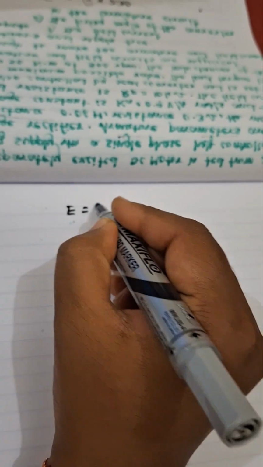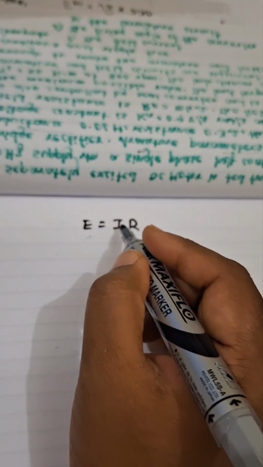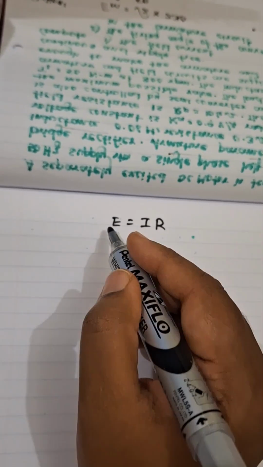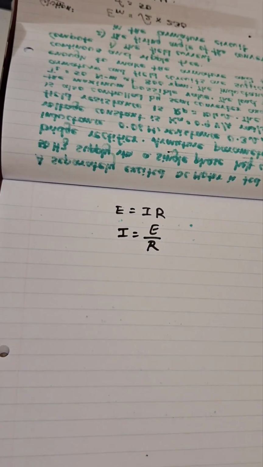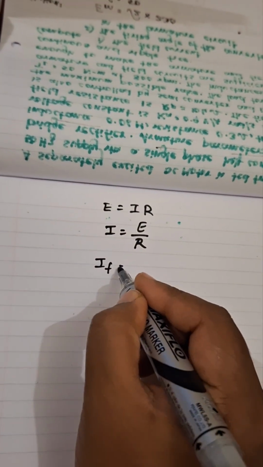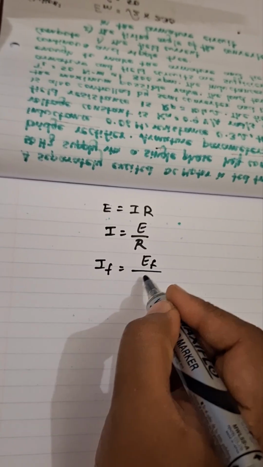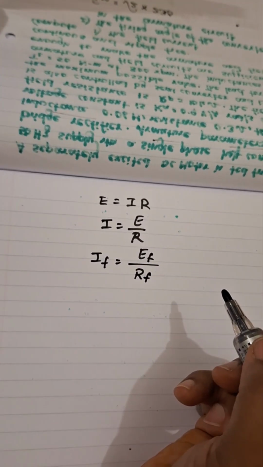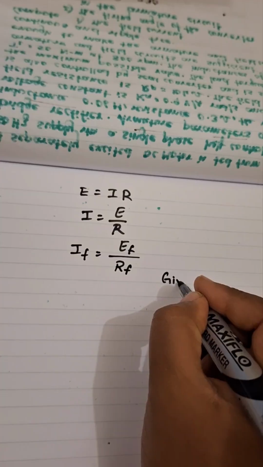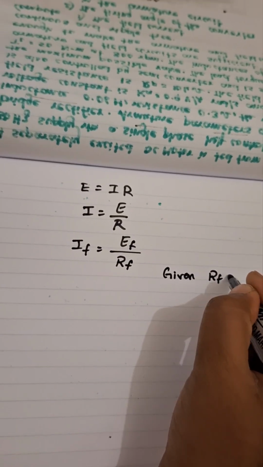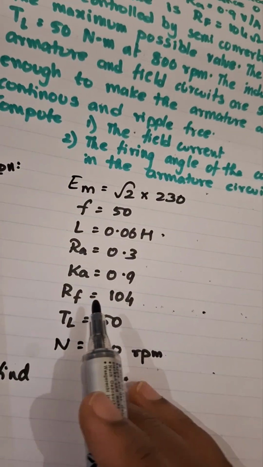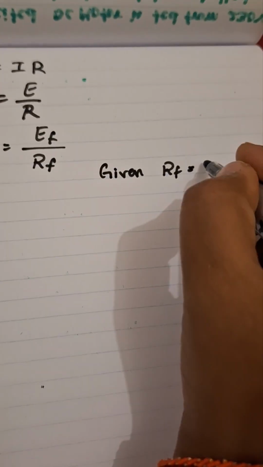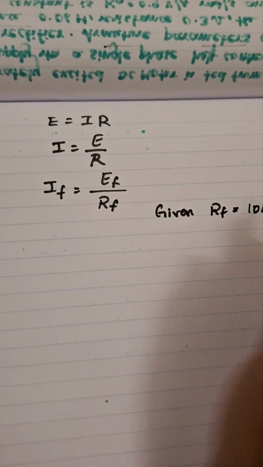Now we know that E is equal to IR, like V is equal to IR. Here we are referring to it as E. So I is equal to E by R. So I will say field current is equal to field voltage by field resistance. Field resistance is already given as 104.